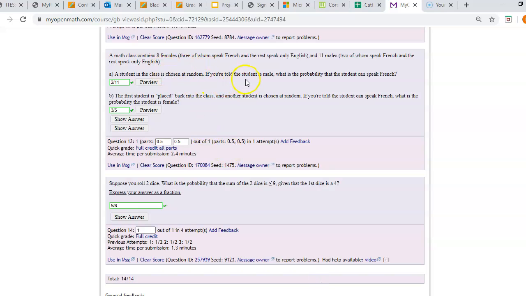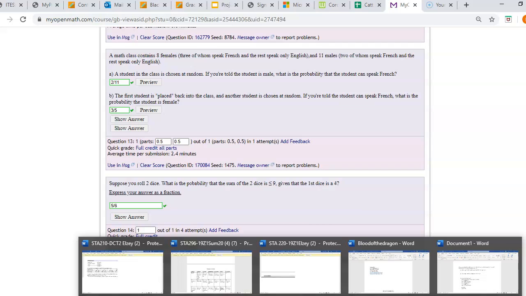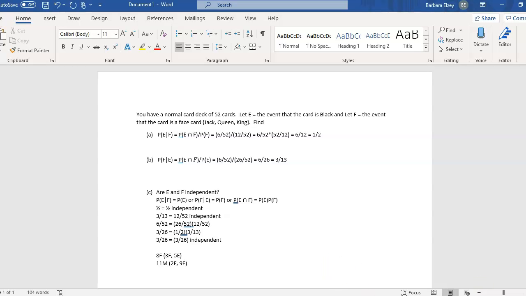So if the student is male, that's after the conditional probability line, we'll have M, and before that line, we'll have French, F. So we want to find the probability they speak French given they are male.